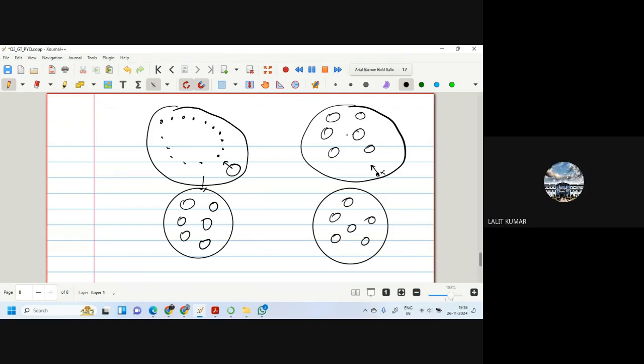So that's why the values of p and q are very, very small numbers.